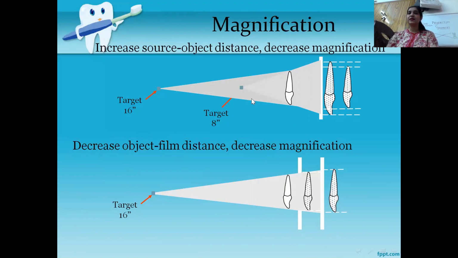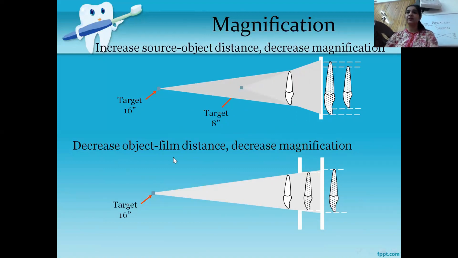This is the increased distance of the source and the film. If we have 16 inches of distance, then magnification is less. And if the target is very near, that is at 8 inches, then there are more chances of magnification.